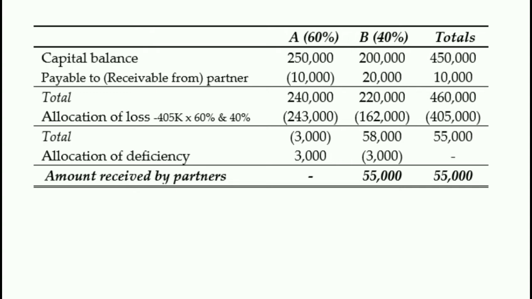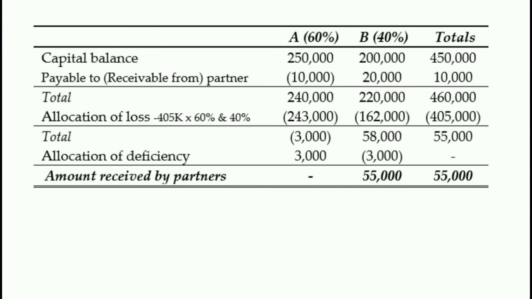Yung capital ni A after ma-deduct yung receivable from A na 10,000 pesos ay 240,000 pesos. Yung capital ni B after ma-add yung 20,000 pesos ay 220,000 pesos. 240,000 pesos plus 220,000 pesos, that is equal to 460,000 pesos. Of course, you can also compute for the 460,000 pesos by adding 10,000 pesos to 450,000 pesos.